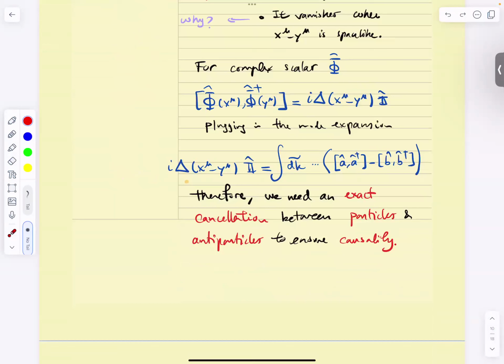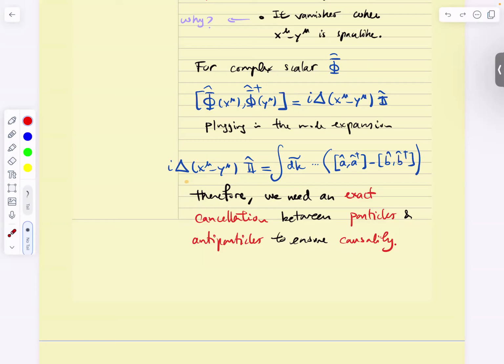You repeat that for the complex scalar field. What do you find? You find the same expression as before that will vanish when using a Lorentz transformation like this, multiplied by a dagger commutator minus b dagger. These are the particle and antiparticle of the complex scalar field. So what do you learn?